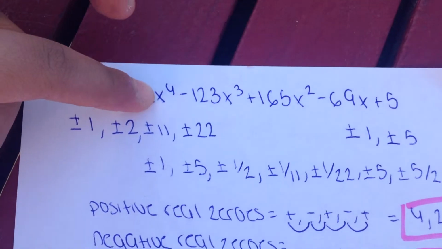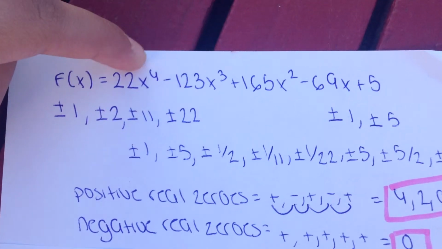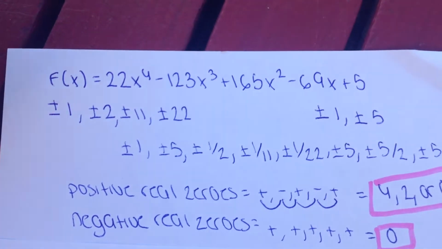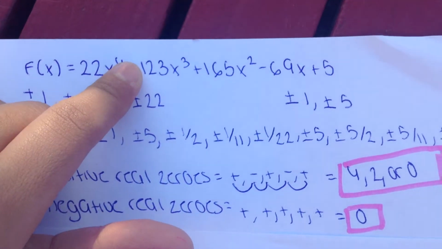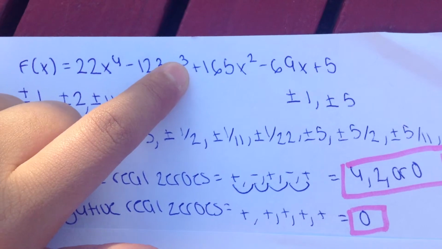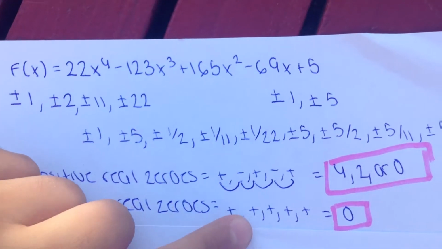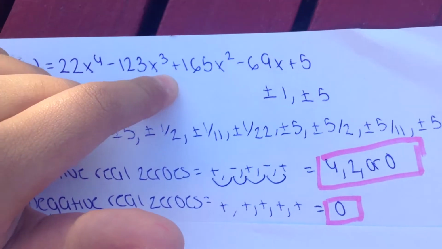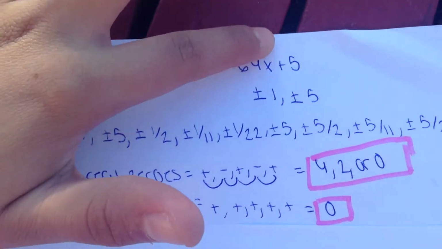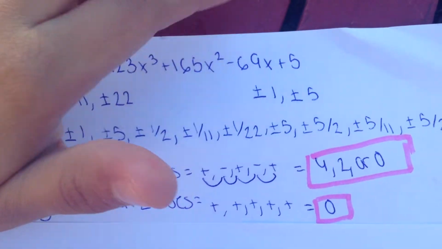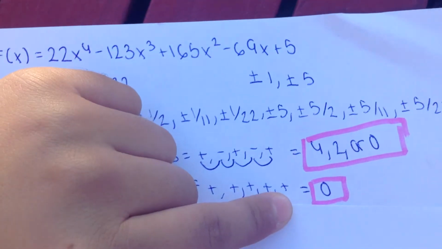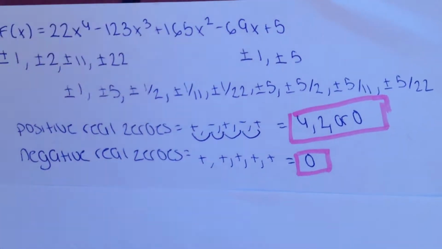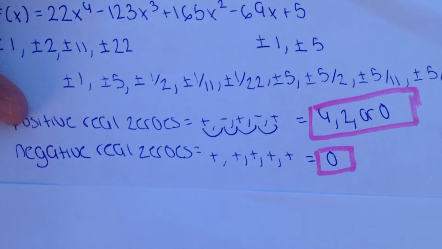So 22 has an exponent of 4, so we keep it the same, so it stays positive. This is odd, so it changes to positive. This is even, so it stays positive. This is odd, so it changes to positive. And this is even, so it stays positive. Well, it has nothing, so it stays positive. So the negative real zeros are 0.